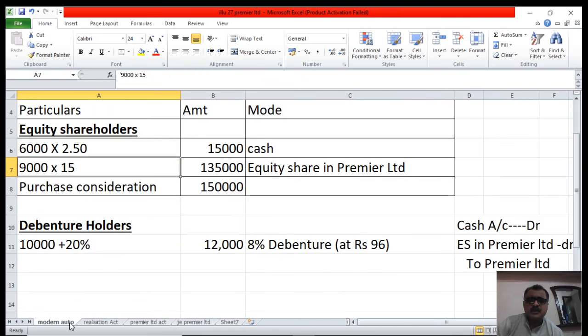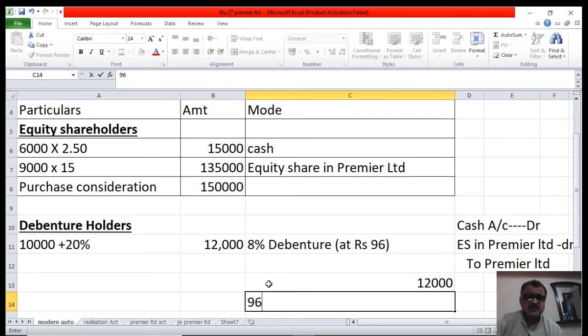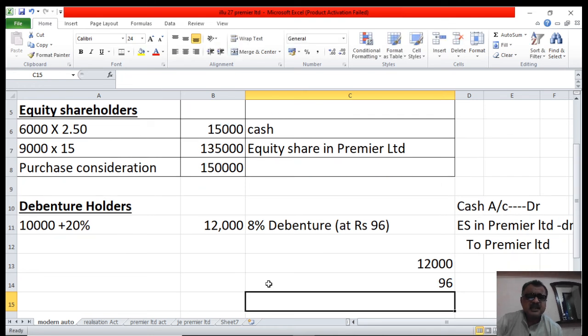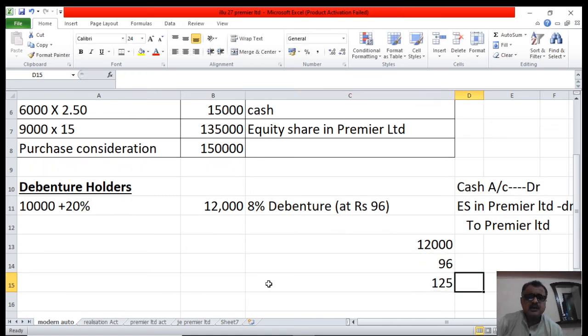We divide 12,000 by 96 to get the number of debentures, which is 125.